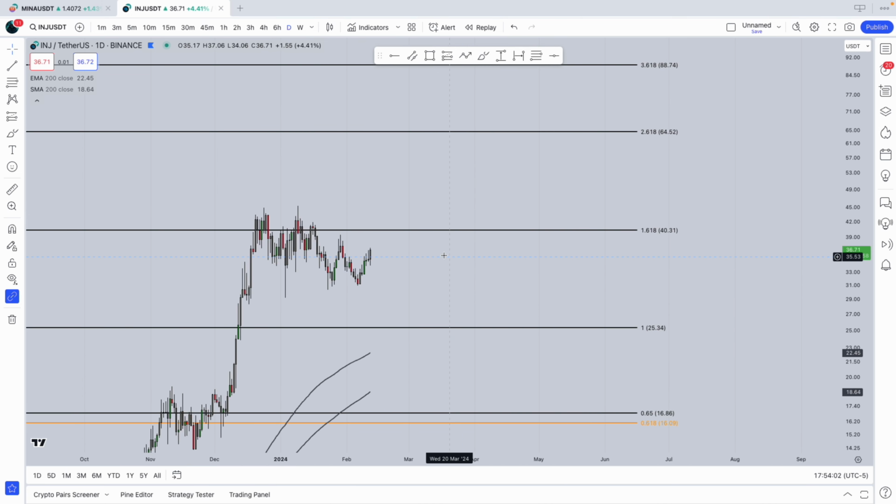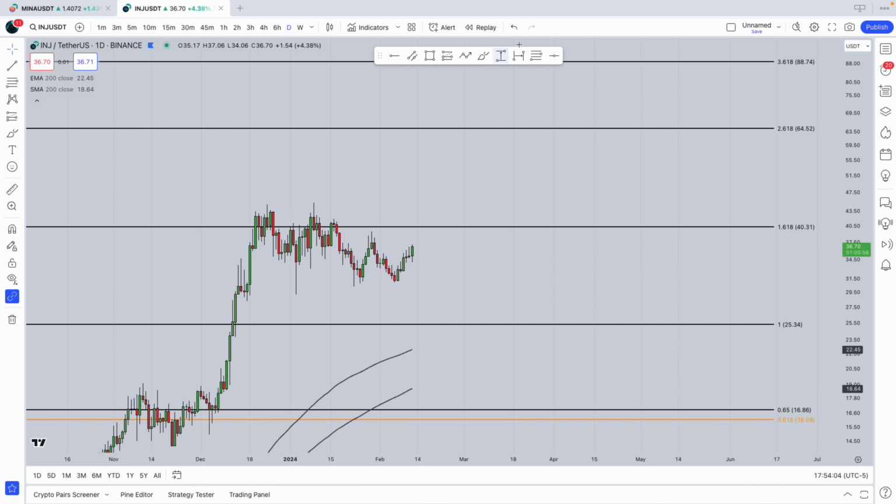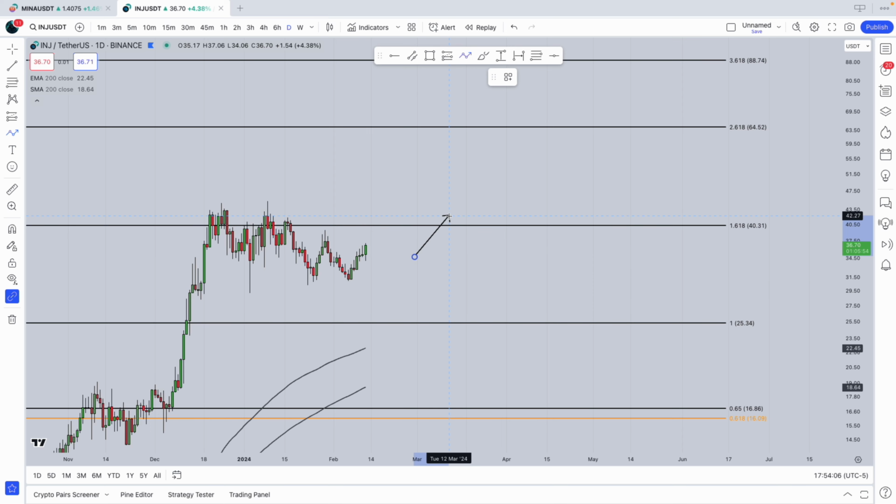So what I see happen a lot is we will touch the 1.618, consolidate, and then test the higher time frame trend, and then continue higher from there. Is what I see a lot of times. So just keep in mind the 1.618, decent amount of times there's some consolidation there.